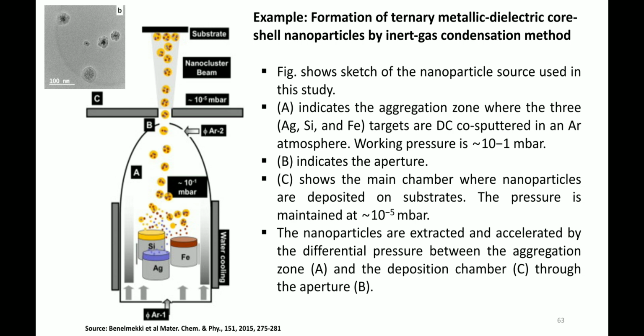This synthesis of nanoparticles is given by Benel McKee, okay. This is the name of the scientist, and they have published their work in the journal Materials Chemistry and Physics. The volume of the journal is 151. It is published in the year 2015, and the page number of the article is 275 to 281.